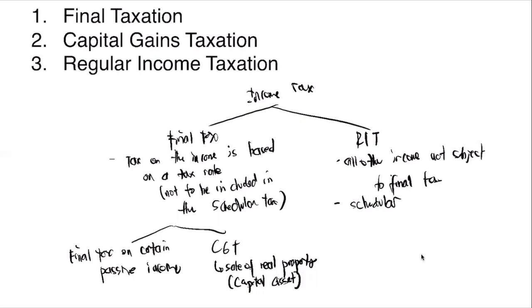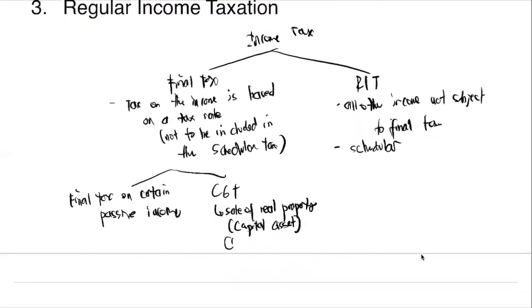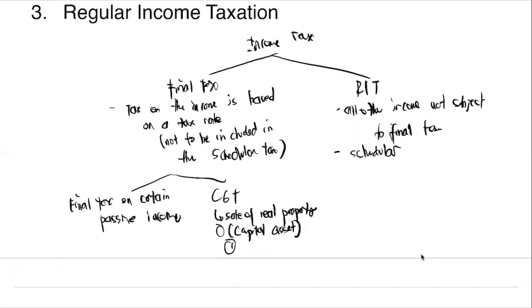And another is sale of stocks. Okay. So final tax on certain passive income, this is enumerated. For CGT, dalawa lang ang masi-CGT. Yung real property na capital asset at saka stocks. Okay. And all other income is subject to regular income tax.